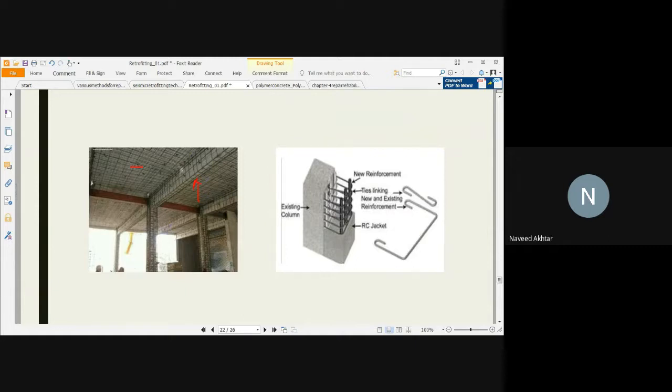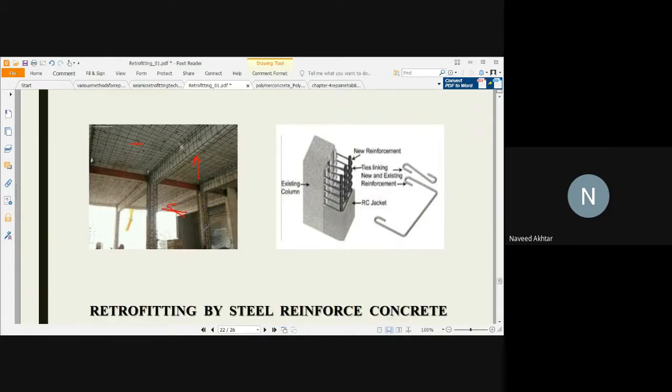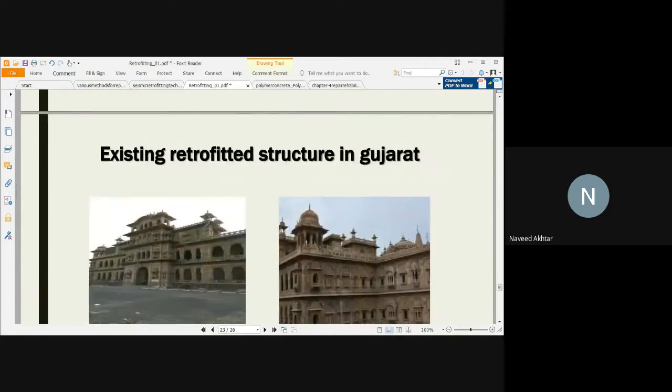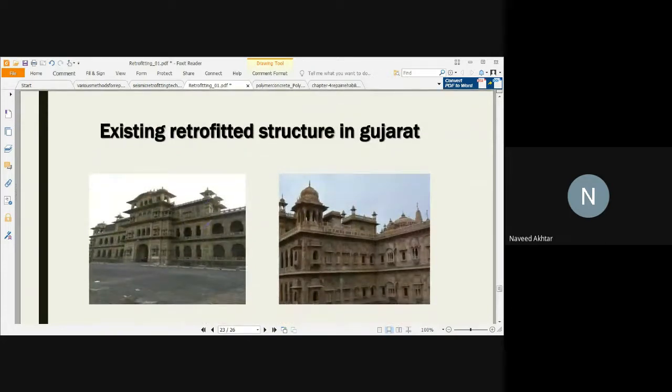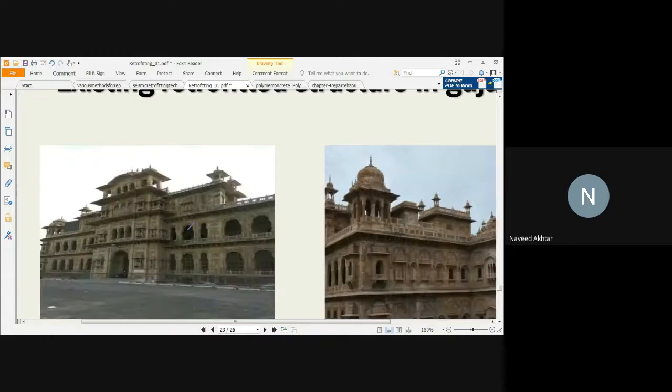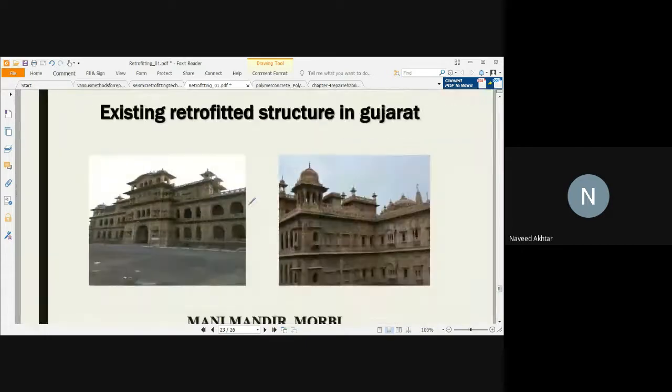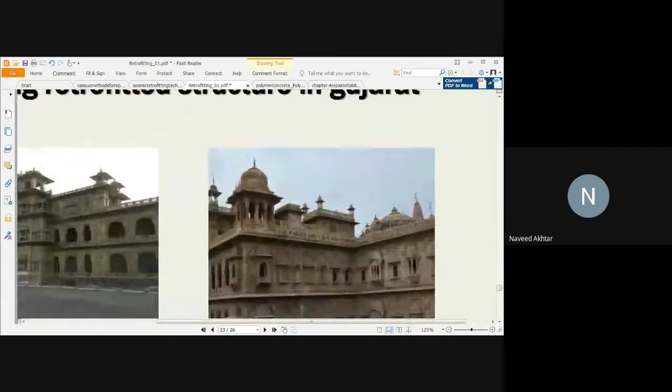And you can see the existing retrofitted structure in Gujarat. The heritage structure that was weakened has been retrofitted, and this increases its strength. In the picture, you can see it.